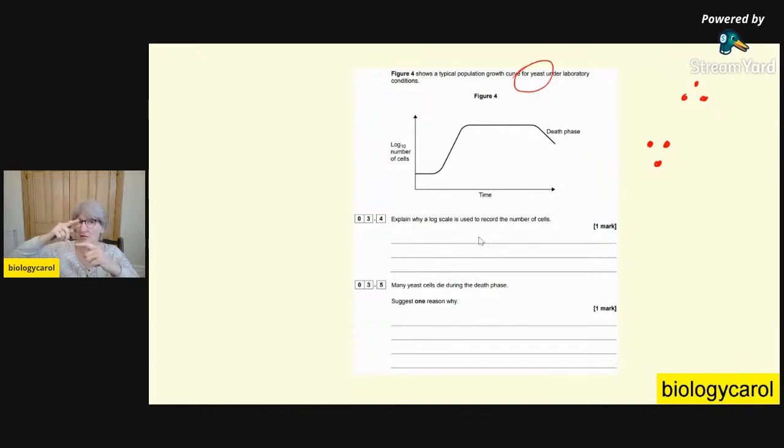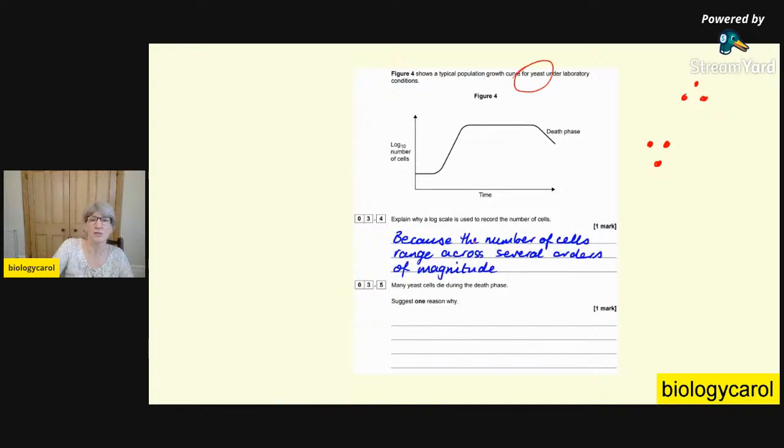An order of magnitude is going from 10 to 100, i.e. going from 10 to the power of 1 to 10 to the power of 2, or from 100 to 1,000, 10 to the power of 2 to 10 to the power of 3. And therefore that's why a log scale is used, because the number of cells ranges across several orders of magnitude. You didn't actually have to have that level of detail, you just needed to know it was a large range. That would have got you the mark.